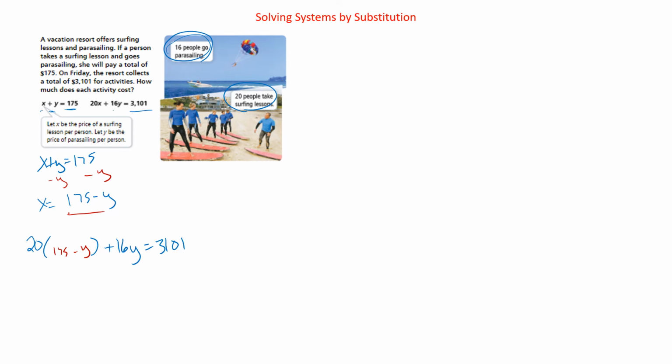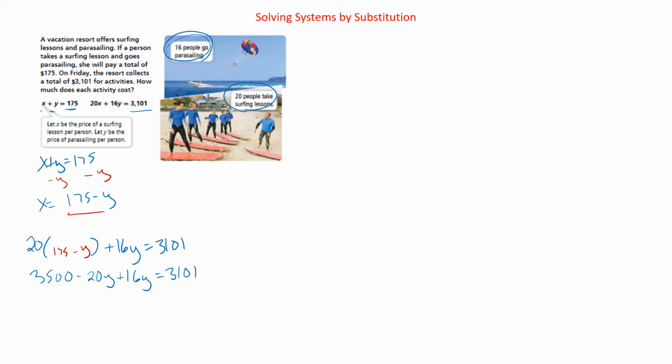So, let's do this. 20 times 175 is 3,500 minus 20y plus 16y equals 3,101.